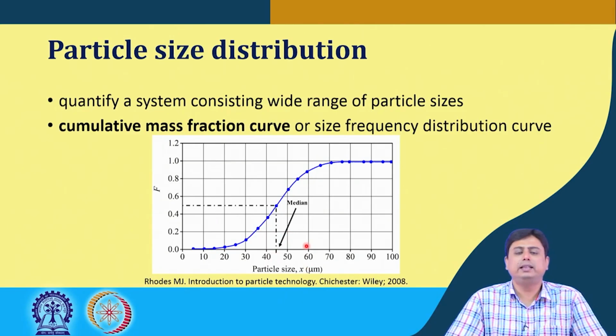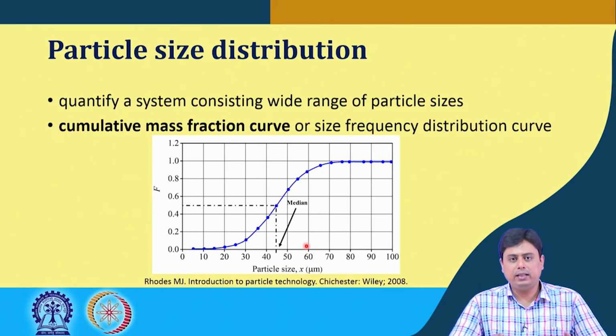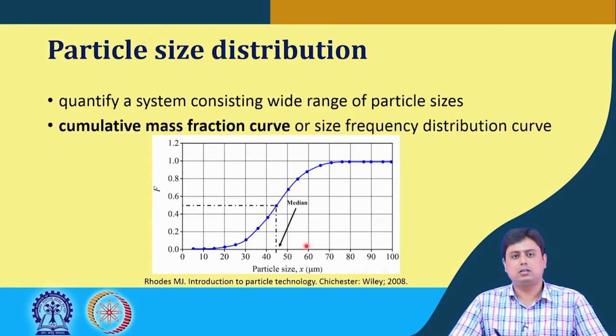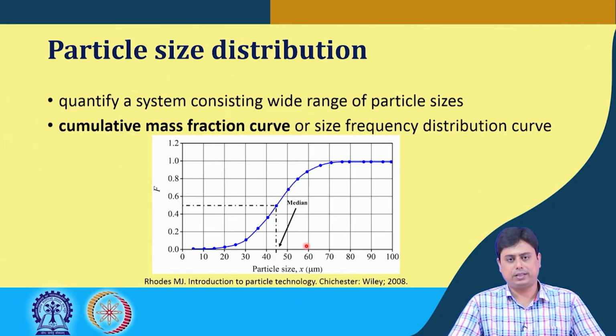So this is a single number we have deduced, by which we can define this whole sample. This is one of the easiest examples. Such a plot is called the cumulative mass fraction curve, or the size frequency based on cumulative mass fraction.